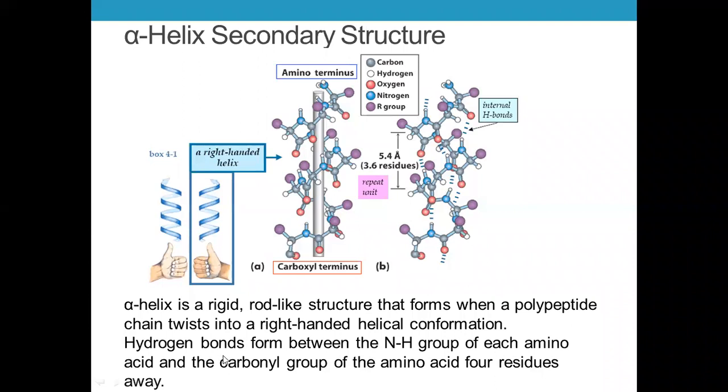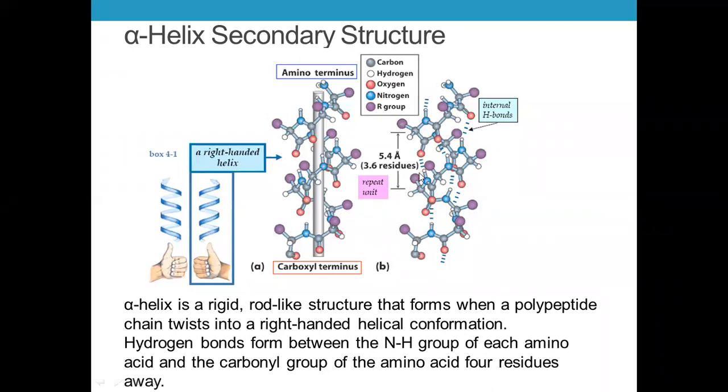The hydrogen bond forms between the NH group of an amino acid and the carbonyl group of the amino acid four residues away, and that will actually stabilize the alpha helix structure. So where is that? There, you have the NH group here, and there is this carbonyl group, the C double bond O group, here.